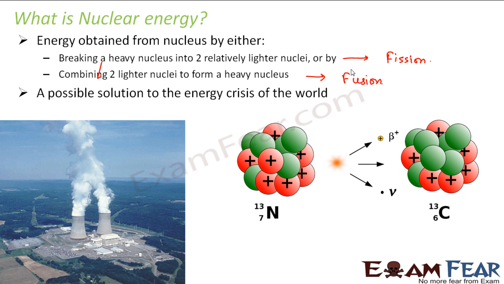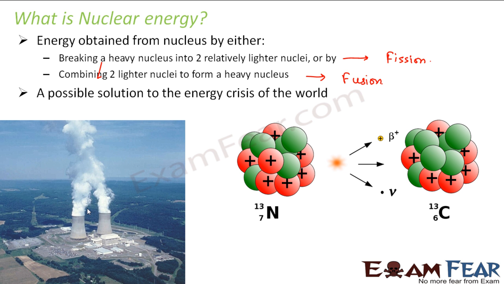This nuclear energy has now become a possible solution to the energy crisis of the world. That's because of the nuclear reactors, which produce a huge amount of nuclear energy that can be utilized for many practical purposes. For example, we can harness electricity out of this nuclear energy.